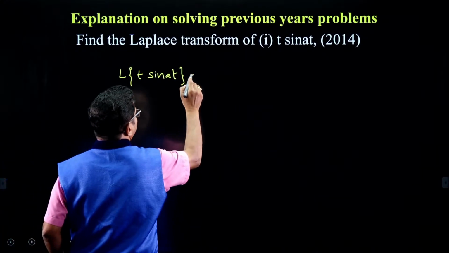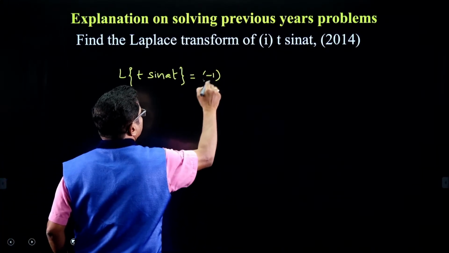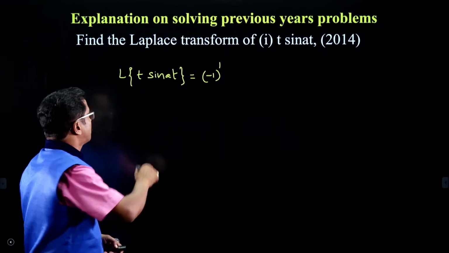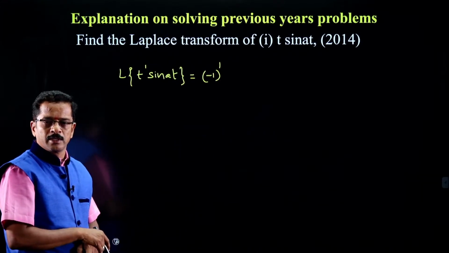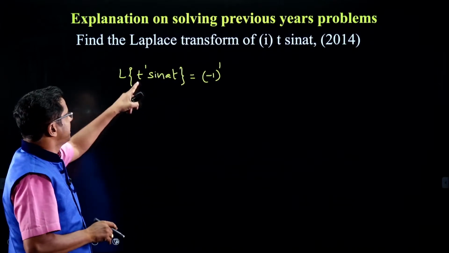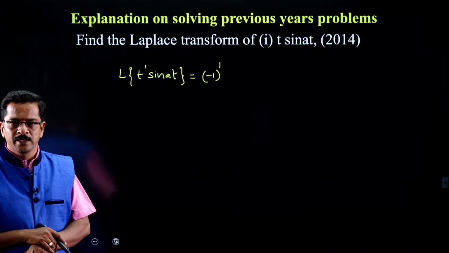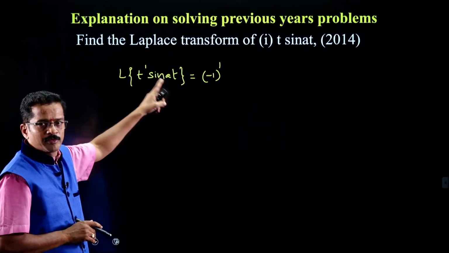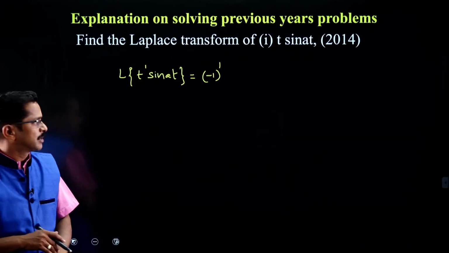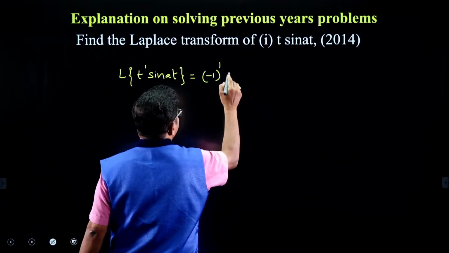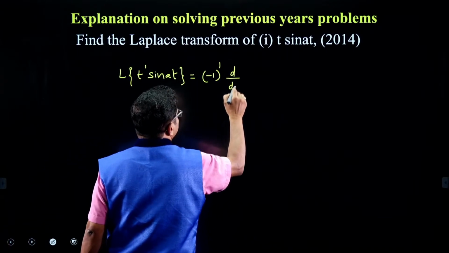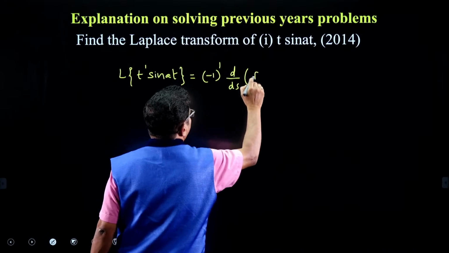So which is going to be minus 1 whole power 1, because t power 1 is there now. Okay, so means if t is having odd powers, so minus with the negative sign. If it is having even powers, positive will get. So then power 1 means single derivative, d by ds of f bar of s.